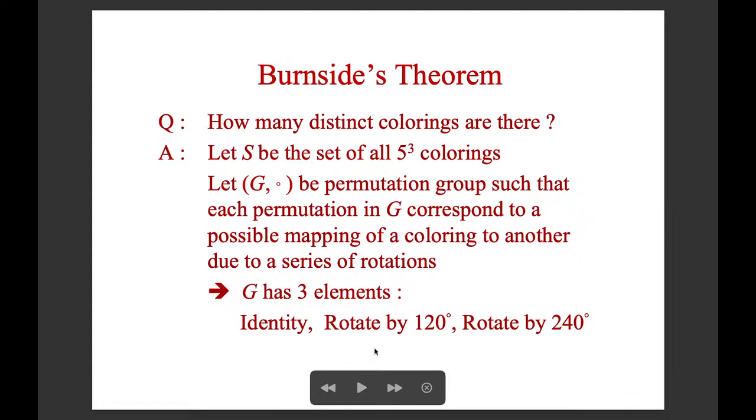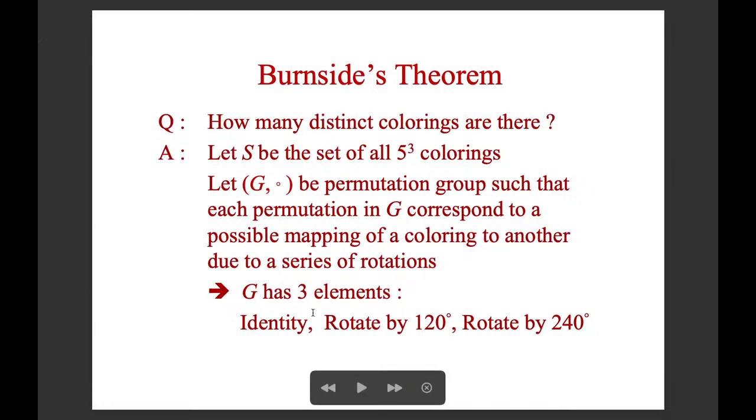So the number of invariant elements here is exactly 5, because there are 5 colorings that we can choose. And similarly, rotation by 240 is also 5. So the number of equivalence classes is the average number of invariants in the permutations.